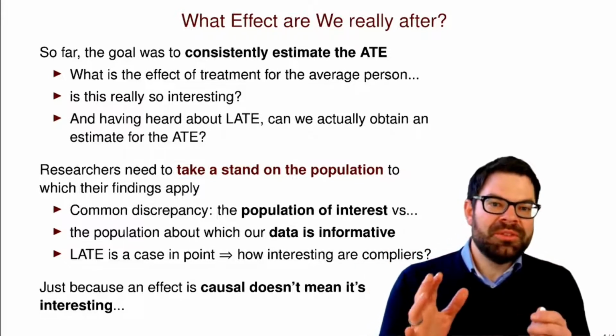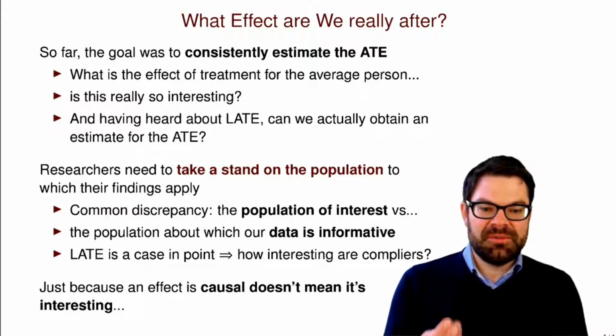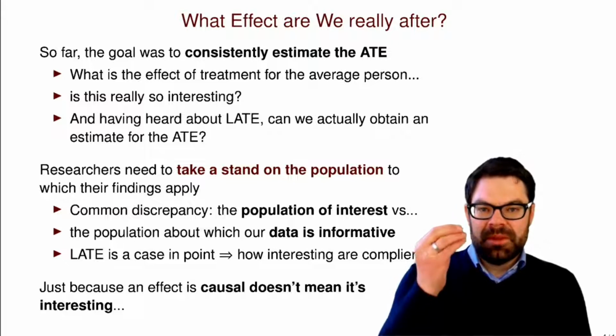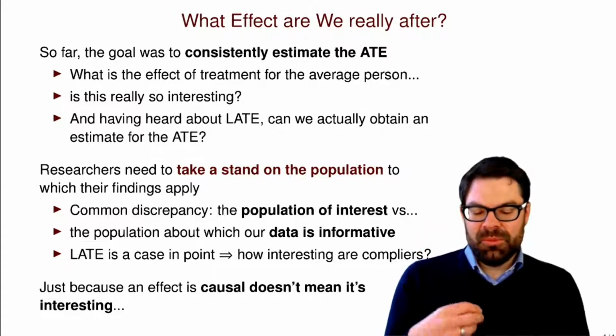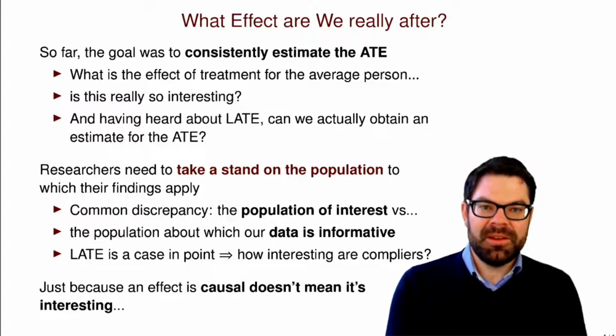Now again, why are we doing this? Why are we looking at marginal treatment effects in the first place? We're looking at it because typically what we want to study is the causal effect of some policy.